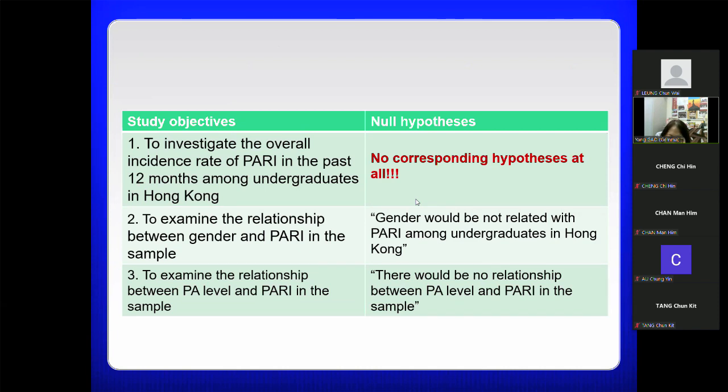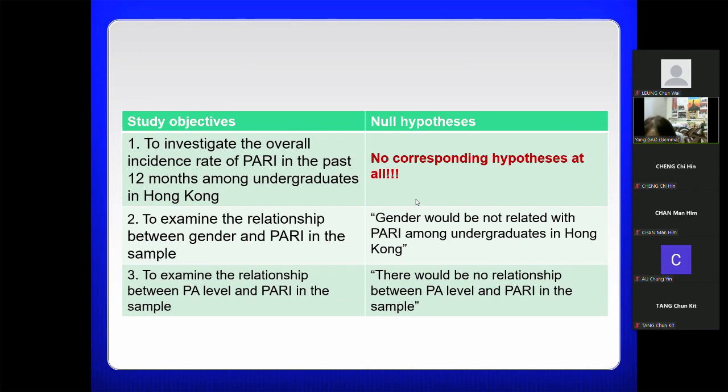Similar to objective 2, objective 3 also has a null hypothesis stating there would be no relationship between the physical activity level and the injury in this sample.